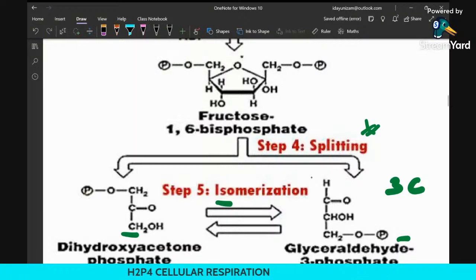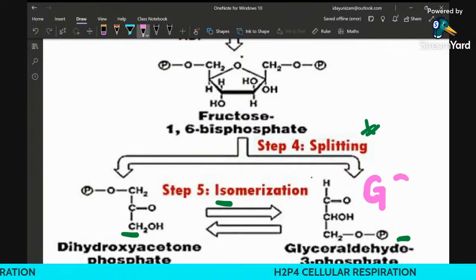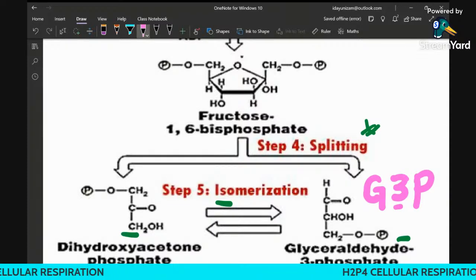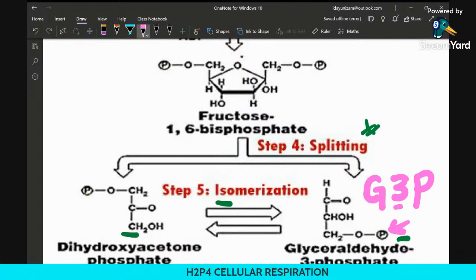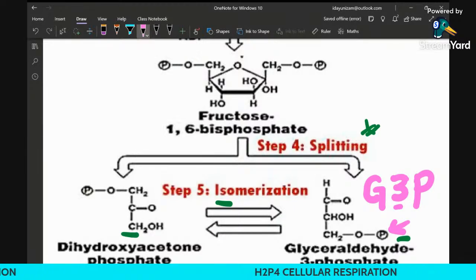G3P stands for glyceraldehyde 3-phosphate. What does 3 mean? This 3 is carbon 3, class, where you can find the phosphate molecule. So that is the G3P molecule. Okay, so done with the payoff.